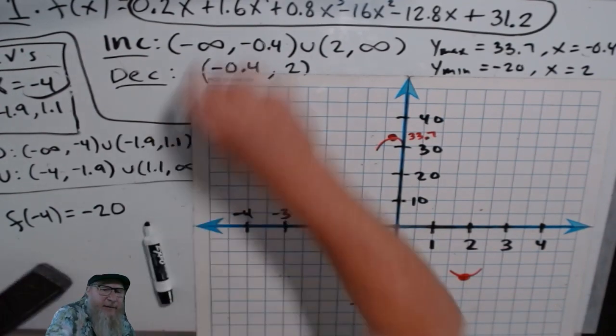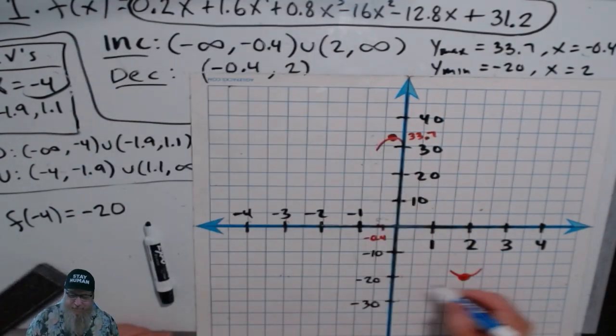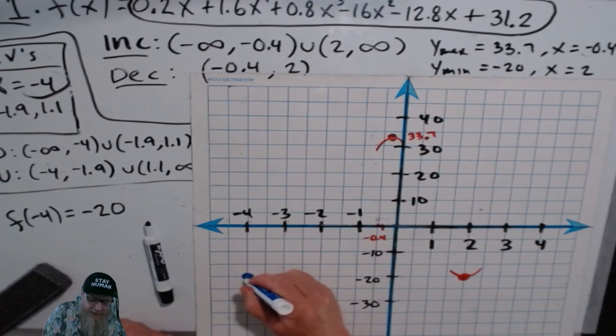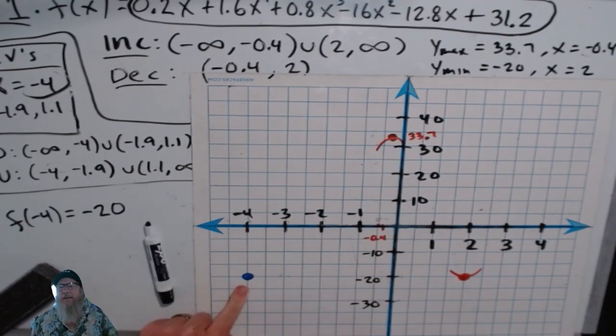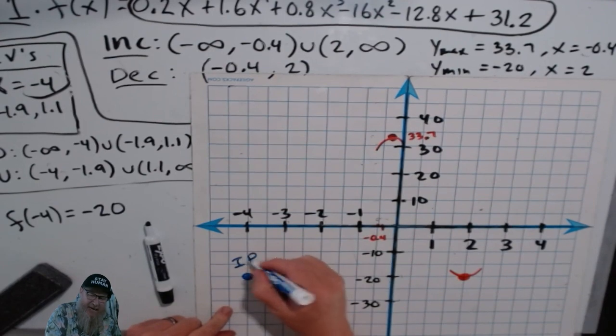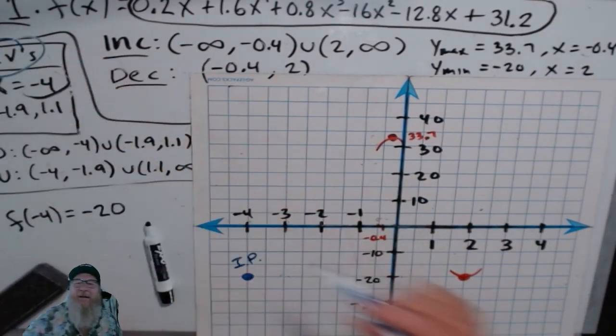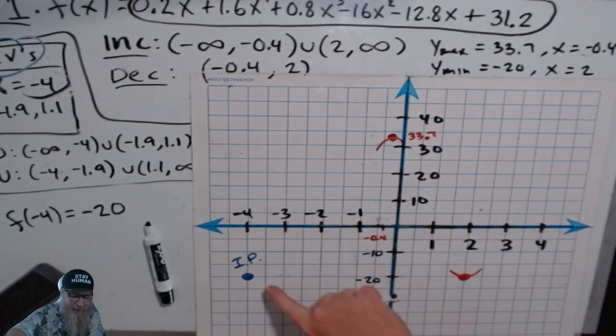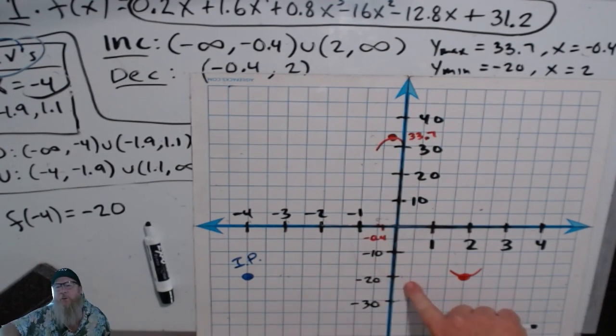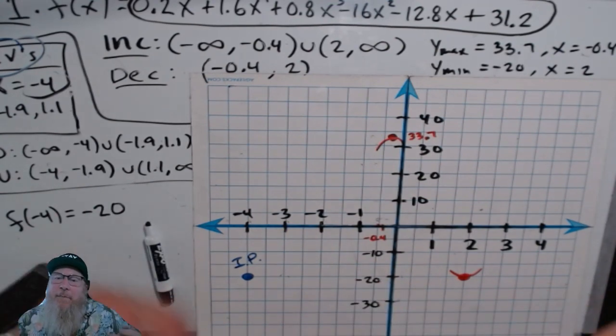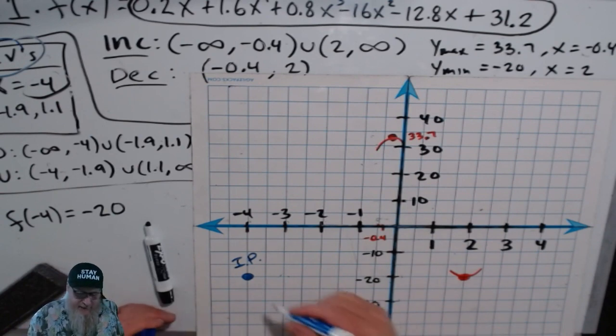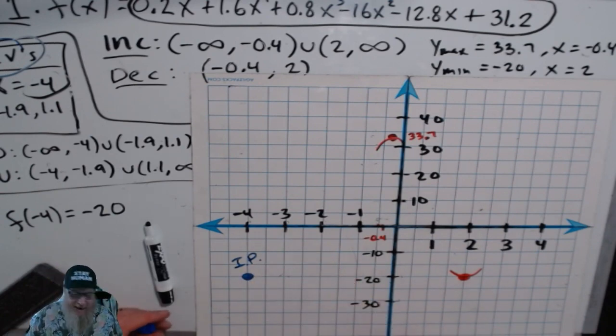It's not really, there's no real magic there or anything like that. So this is one of your inflection points, say I.P., or sometimes I call them inflection values. Since I know the y coordinate is -20, or you know it because I did it in advance, this is telling me that it's changing its concavity here.